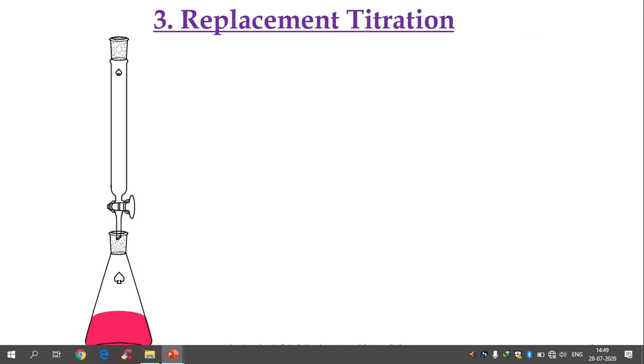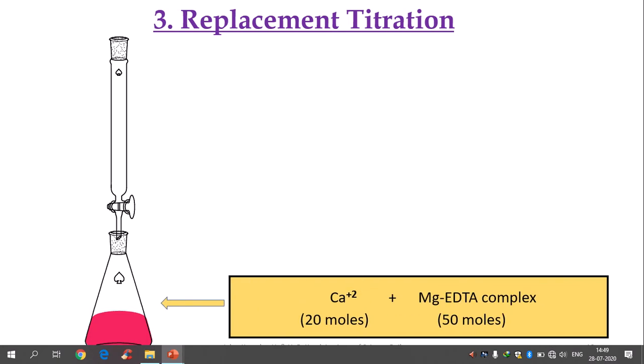We can see this with an example. Say we have taken calcium. For understanding, say 20 moles of calcium are taken. This does not give a sharp color change at the end point. So what we do, we replace this ion. Magnesium EDTA is a complex which we add. It can replace the calcium ion. So 50 moles of the magnesium EDTA complex are there, and 20 moles of calcium we have added to that solution.